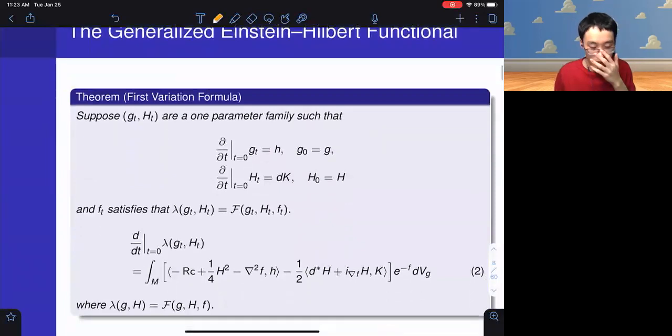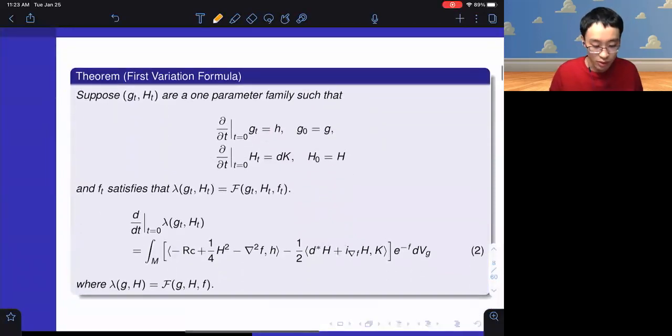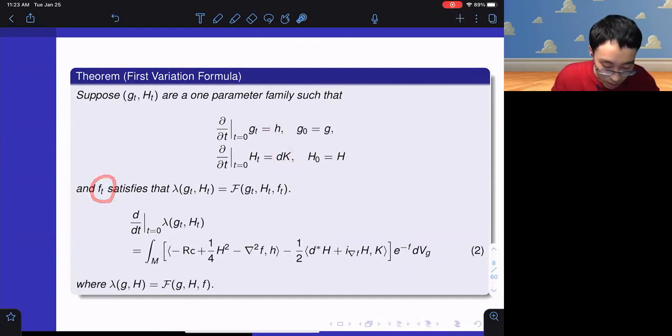First of all, let me recall the first variation formula. We fix our convention that the derivative of g is h and the derivative of H_t is dk, and f_t will be the minimizer.